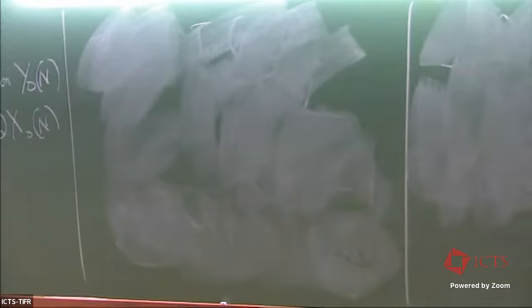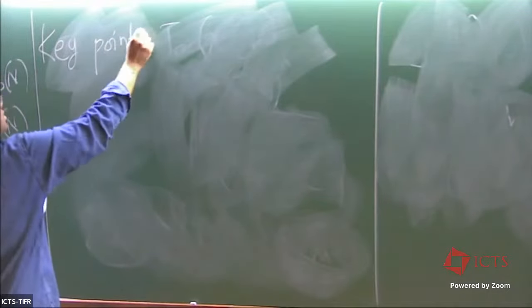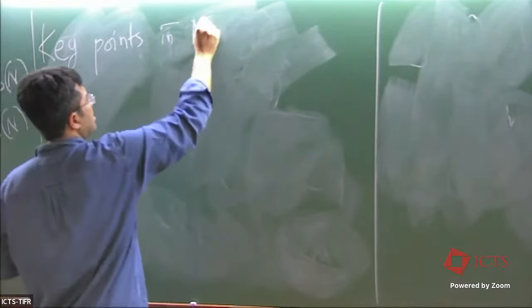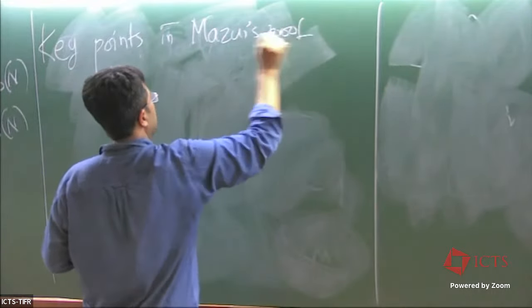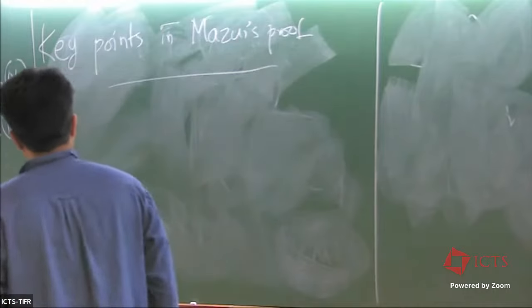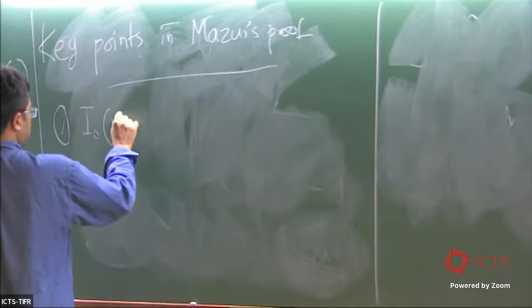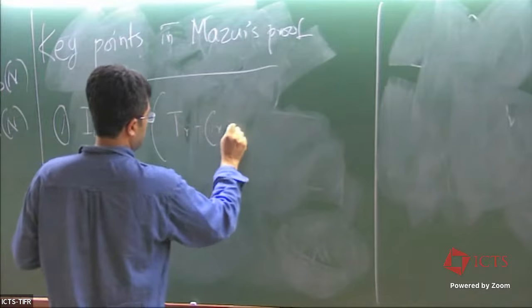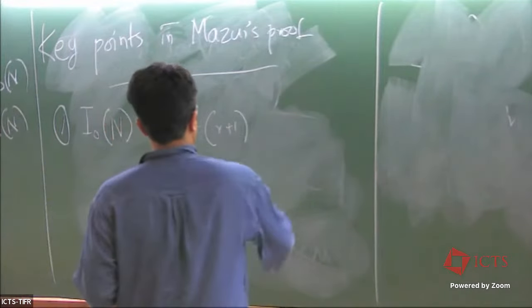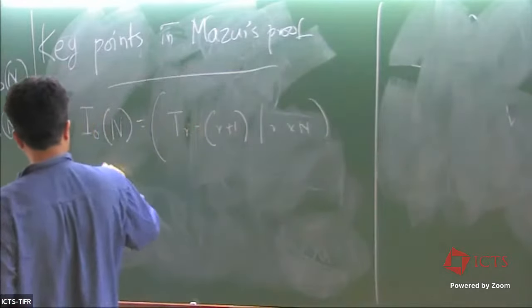Key points in Mazur's theorem. Okay, so you have only one Eisenstein series, so we can talk about this ideal I naught of n.